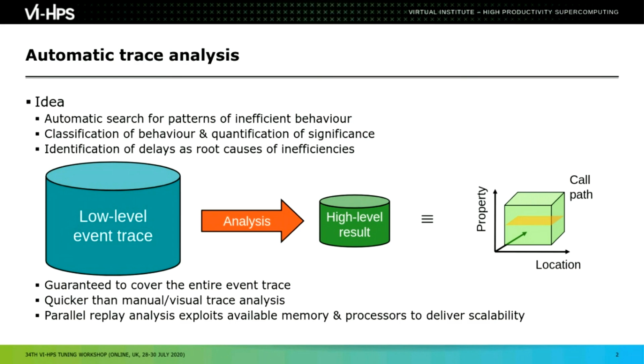If you're collecting a trace on 10 compute nodes with 100 processes, we would use exactly those same 10 nodes and the same 100 processes to analyze the performance by replaying the trace, sending events between the different processes that are captured from that trace, and by analyzing those, figuring out when they were sent and received, we can do this in a very scalable form, so that the parallel trace analysis typically takes about the same amount of time as the trace collection.